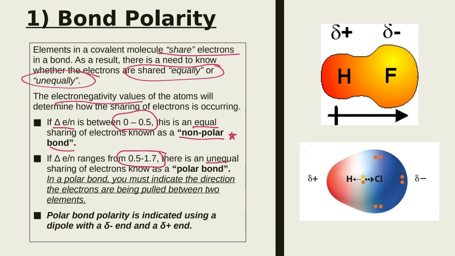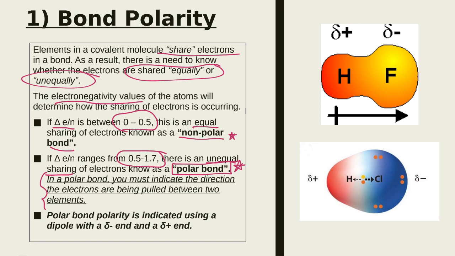This will result in unequal sharing, and we call this a polar bond. Okay, so you either have polar bond, which means unequal sharing, or non-polar bond, which means equal sharing. If you determine you have a polar bond, you have to do a little extra work. You have to actually show us within the molecule which way the electrons are being pulled.